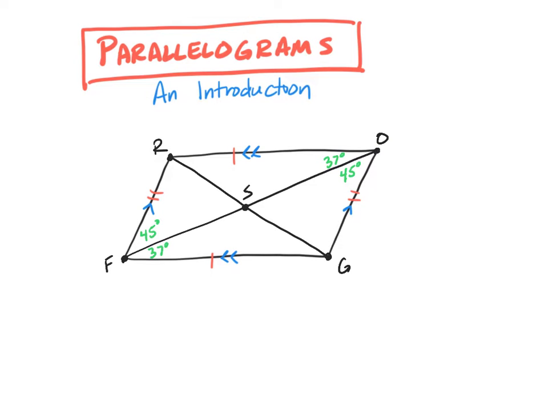And by the same token, we know that these add to 82, 45 plus 37. So this whole thing here is 82 degrees. That means that this whole angle here has to be 98 degrees because it has to add to 180.